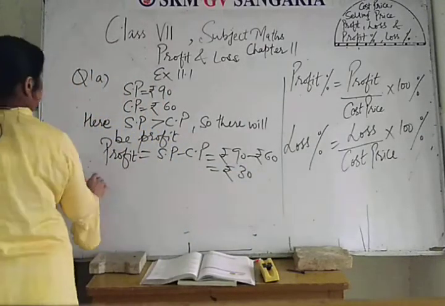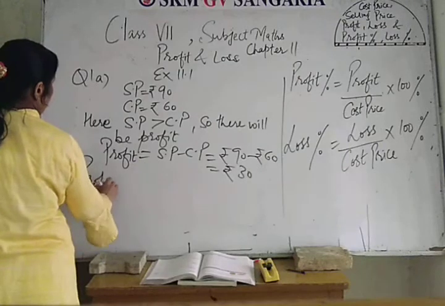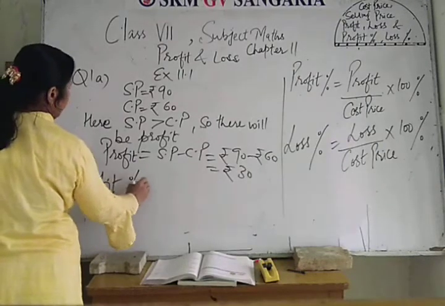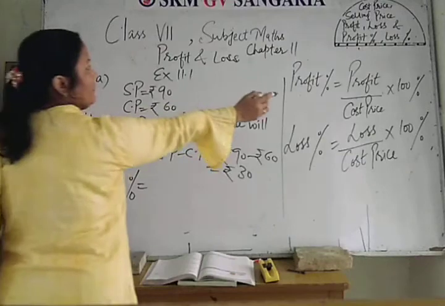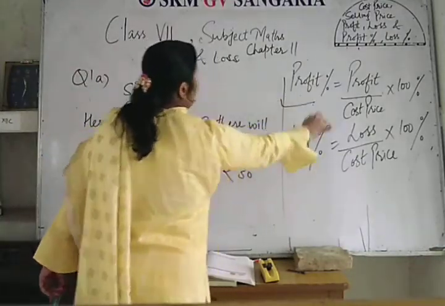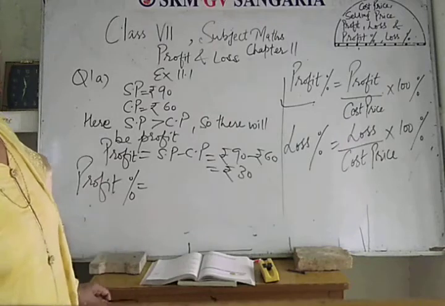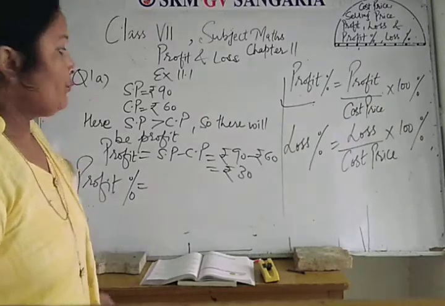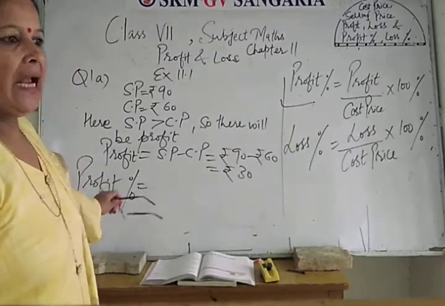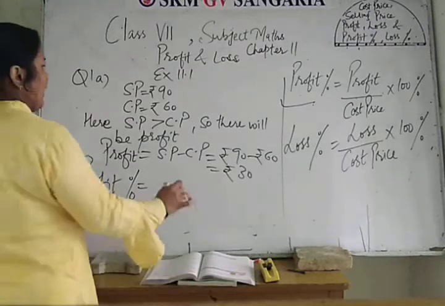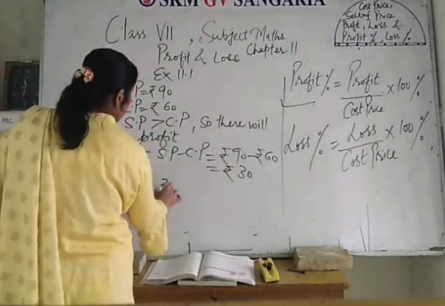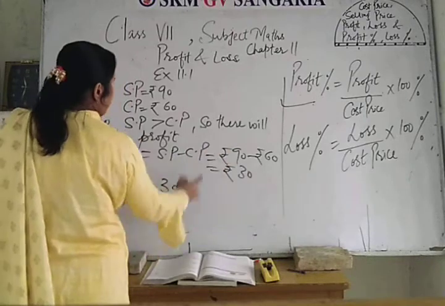So profit percentage, you will apply this formula. Profit percentage is equal to profit divided by cost price into 100%. You will write the formula, then substitute the values. Profit is 30, cost price is how much?